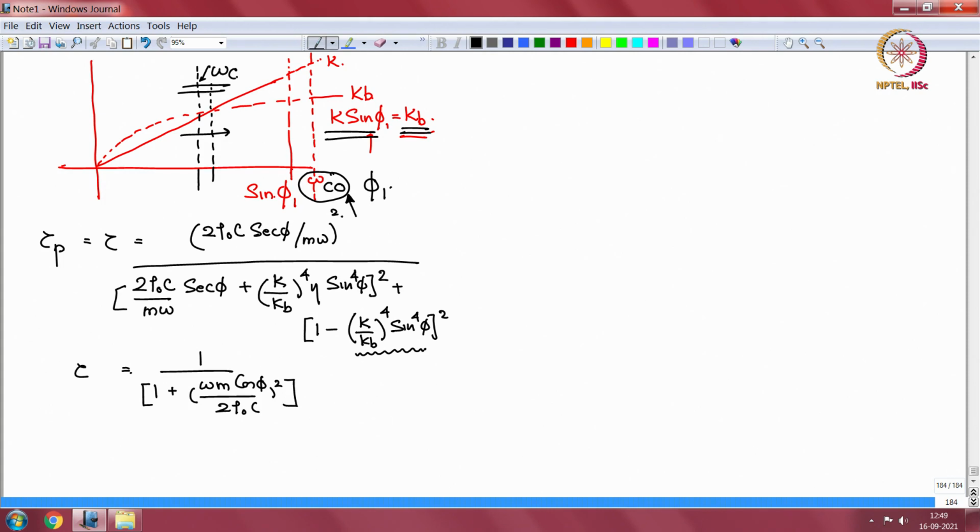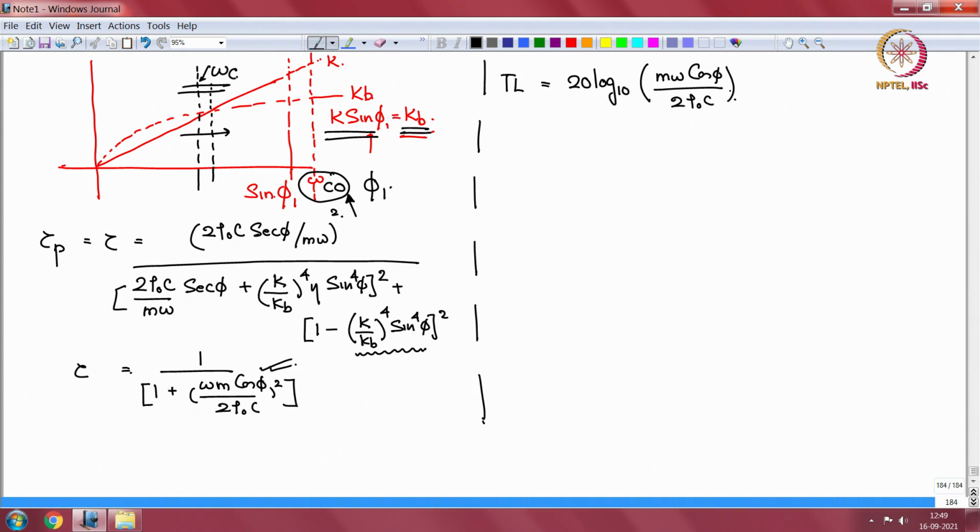Based on materials, metals placed in air and so forth, this term can be larger than 1, in which case tau depends only on that term, so that my transmission loss or sound reduction index is 20 log to the base 10 of m omega cos phi by twice rho 0 c.